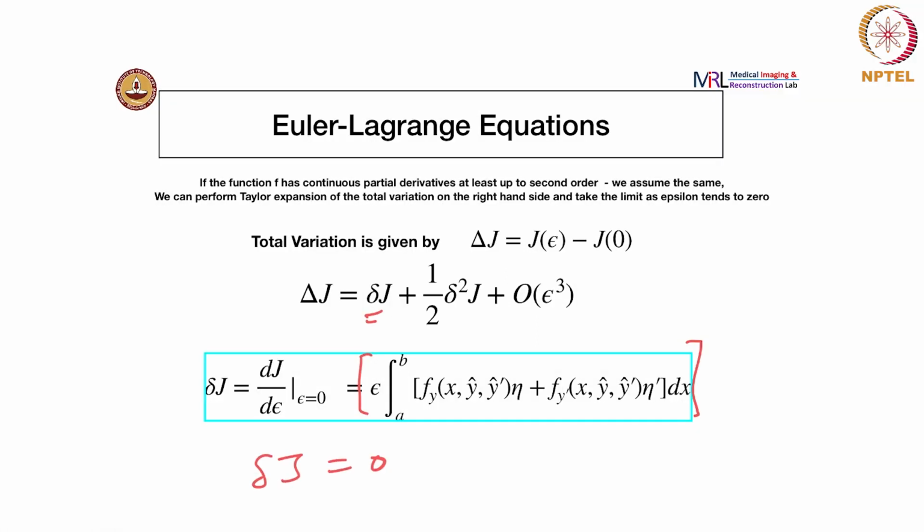It's not too hard to see, because the expression for delta J is an odd function of epsilon. So if you change the sign of epsilon, it automatically changes the sign of delta J. See, delta J is J of epsilon minus J of 0.